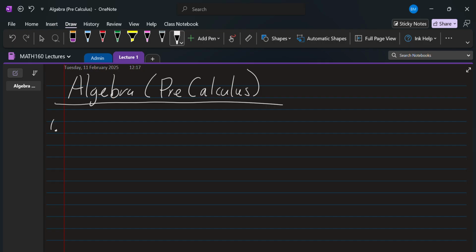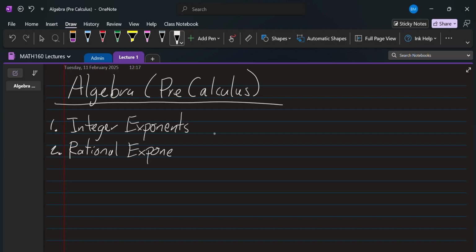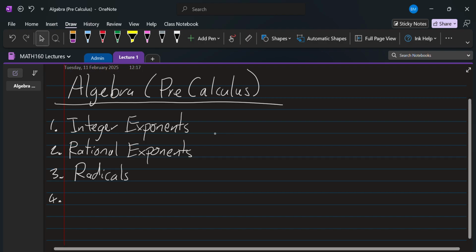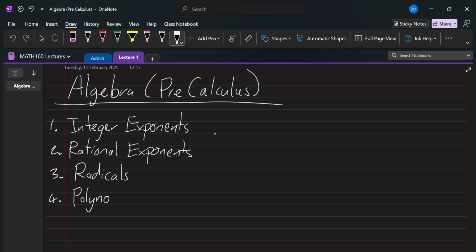The stuff we're going to be covering: 1, integer exponents; 2, rational exponents; 3, radicals; 4, polynomials; 5, factoring polynomials.